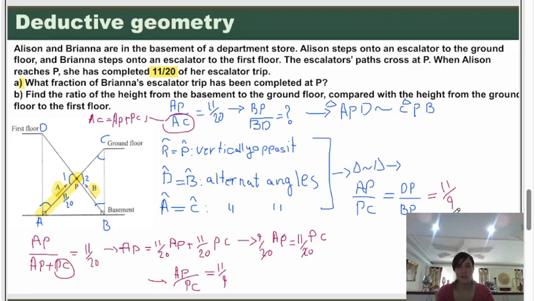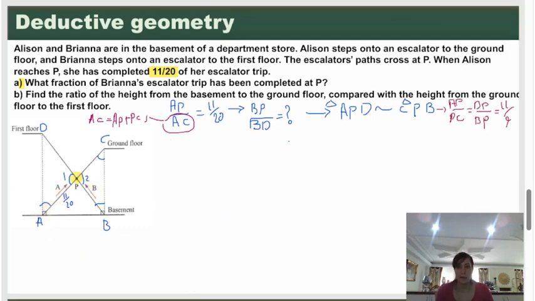I will pause the video to erase the board and then continue the rest of my solution for part A. Okay, we arrive here. We showed two triangles are similar, and I found this ratio of them.